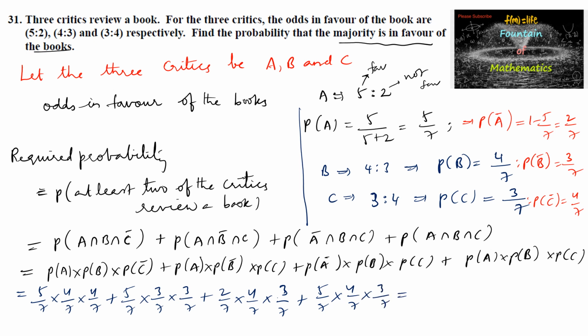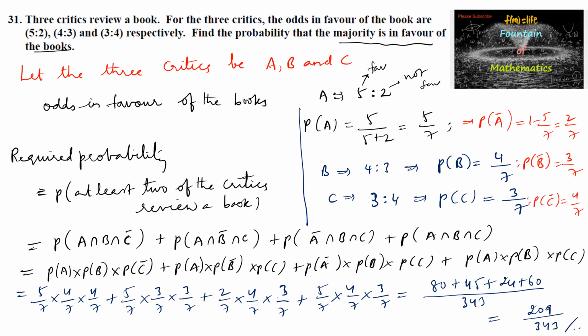So which is equal to, so we can write, 5 fours are 20, 20 fours are 80, plus 5 threes are 15, 15 threes are 45, plus 2 fours are 8, 8 threes are 24, and here 5 fours are 20, 20 threes are 60, divided by 7 into 7 into 7 is 343, which is equal to 80 plus 45 plus 24 plus 60, which gives 209 divided by 343 is the required probability.